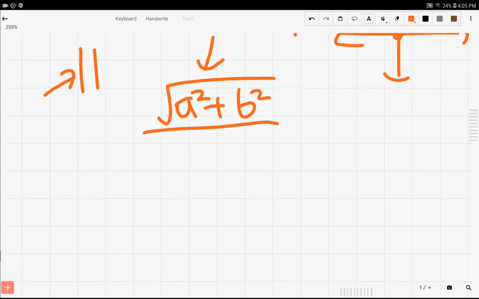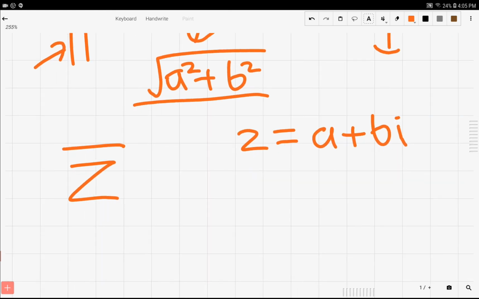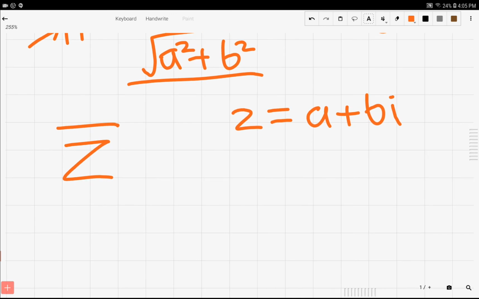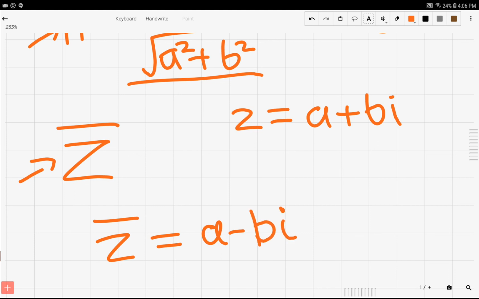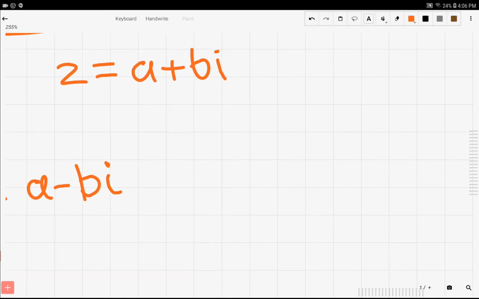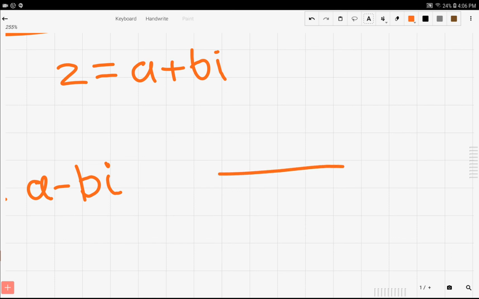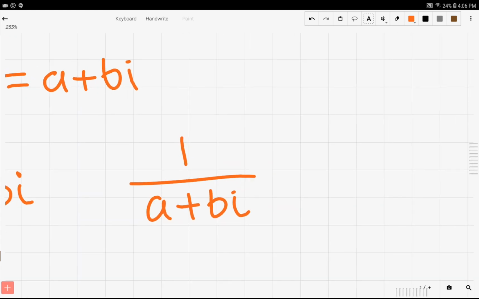We also have something known as conjugation. So let's say we have a complex number z, and we define z to be a plus bi. The conjugation of z, which you write in notation as a bar above z, like what we have right here, the conjugated form of z is just a minus bi. And this is useful when you want to simplify the denominator or get rid of the complex number in the denominator. So we have a plus bi in the denominator, and most people don't like it when there's an i in the denominator, so you want to simplify and move the i to the top.